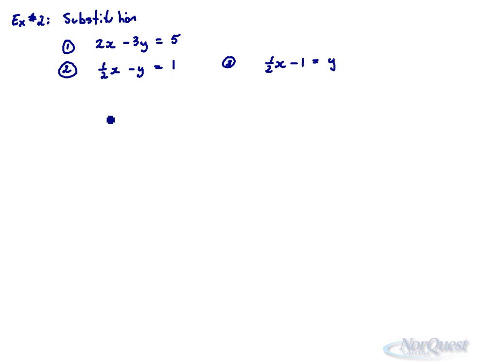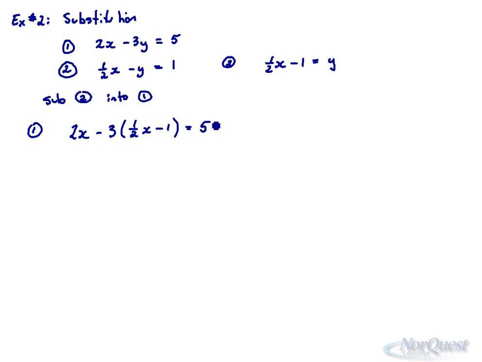In this case, I'm now going to substitute equation 2 into equation 1. And equation 1 now looks like this. 2x minus 3, and for y, I'm going to plug in 1/2 x minus 1, equal to 5. Going to expand this out.